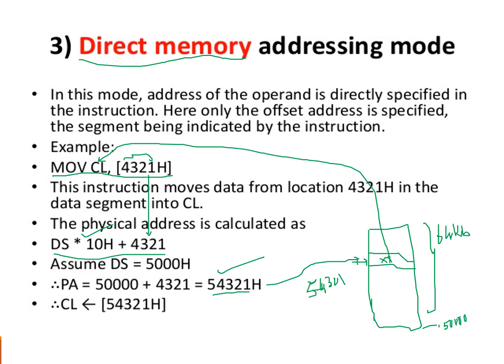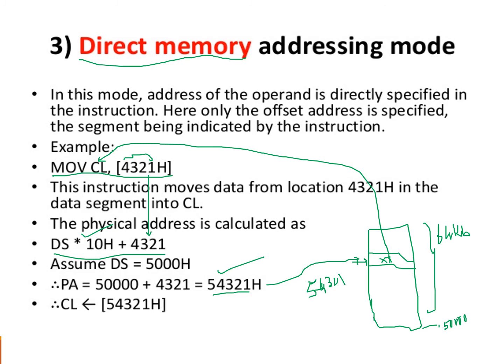As we are using a memory as the source operand here, the type of addressing mode we call direct memory addressing mode. You just make it clear, we are not using immediate data, we are not even using a register.